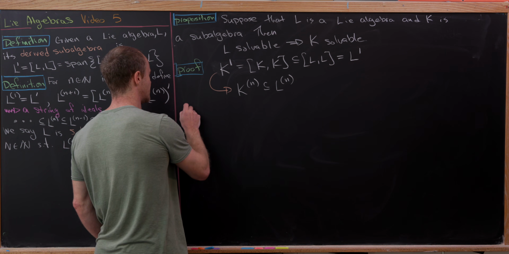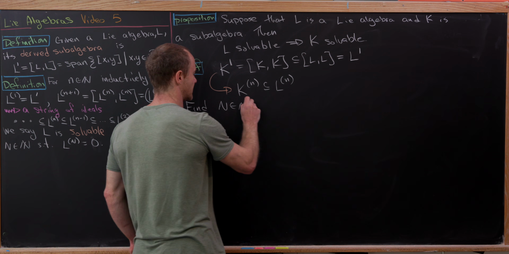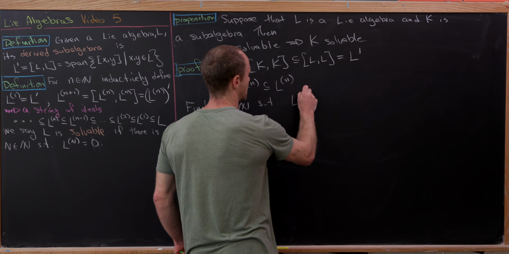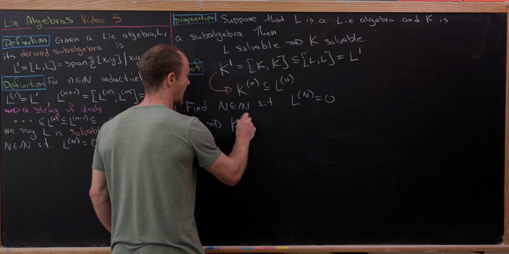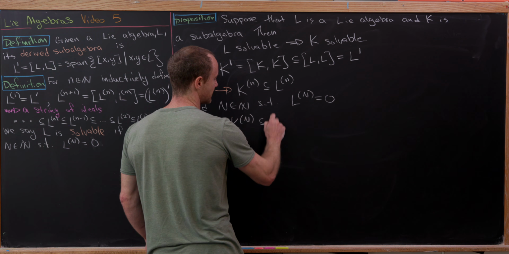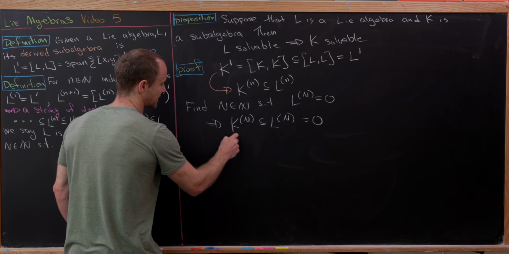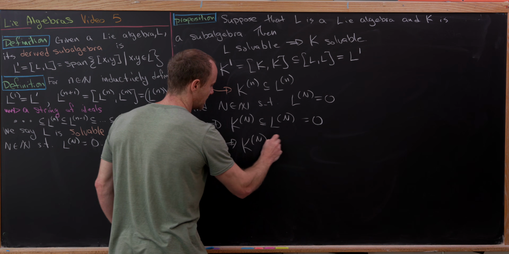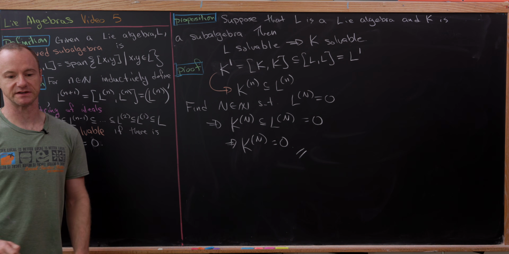So we can find some natural number n such that L upper n is equal to 0, which means that K upper n is a subset of L upper n, which is 0. But that tells us that K upper n is itself equal to 0, but that's exactly what we needed for K to be solvable.